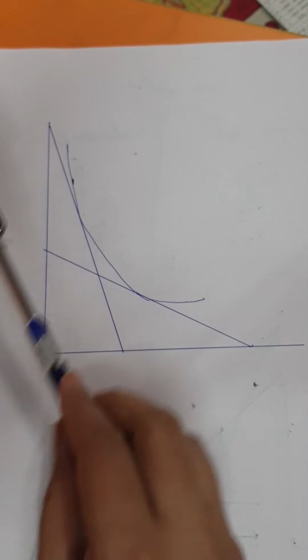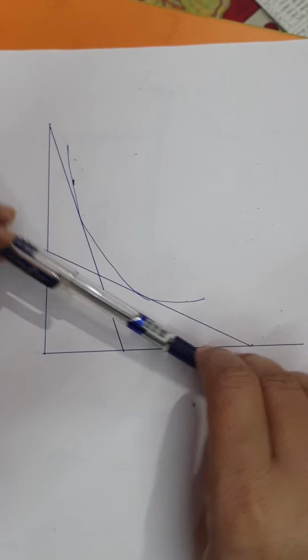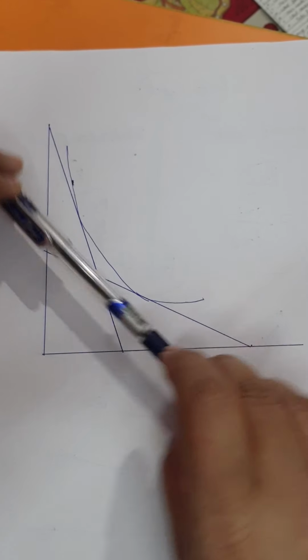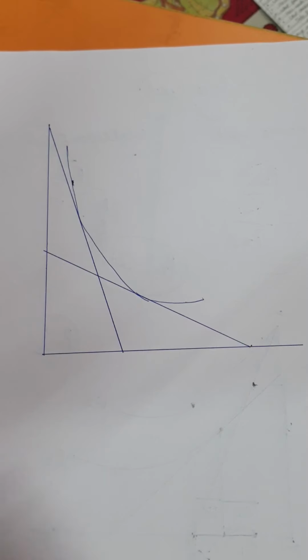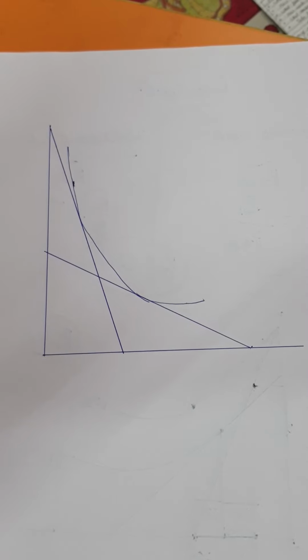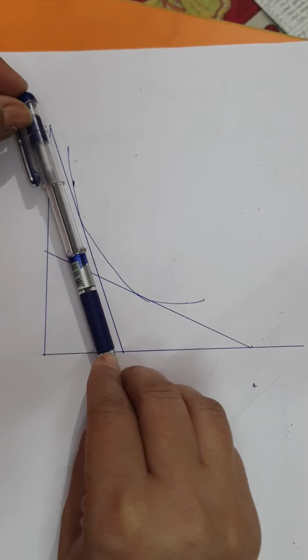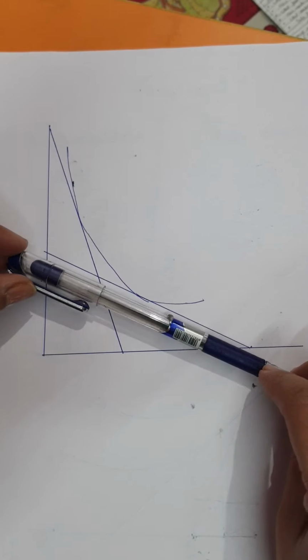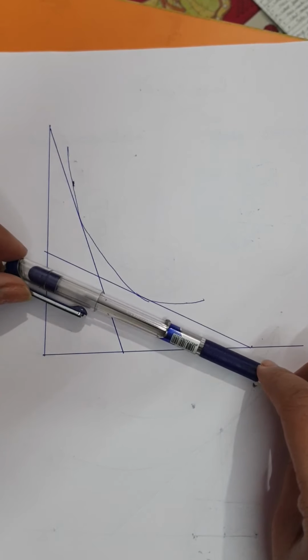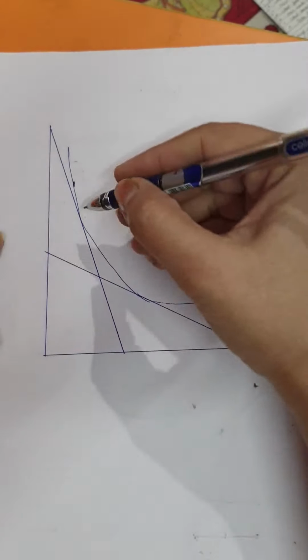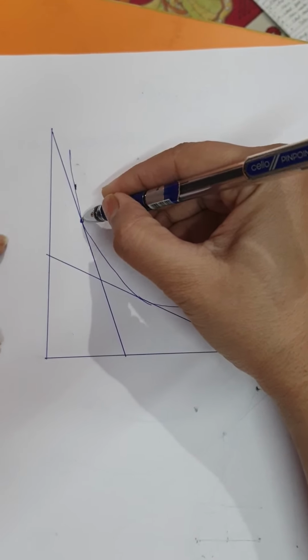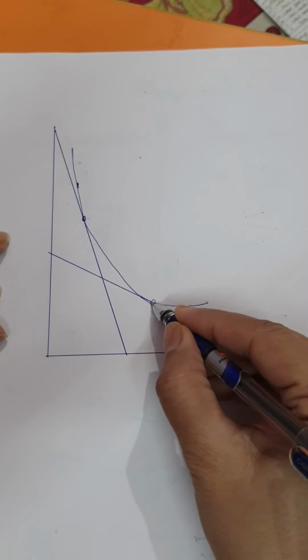So these are two different budget lines, means these are drawn depending upon the price ratio. So earlier price ratio was slope of this budget line. Now new price ratio is shown by this budget line, and earlier consumer was purchasing on this point, now he is purchasing on this point.